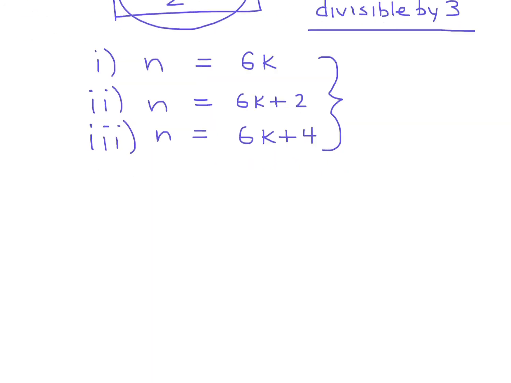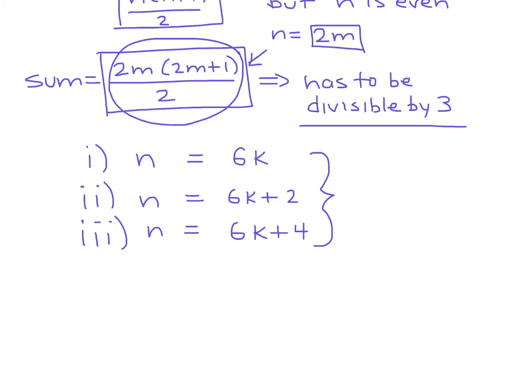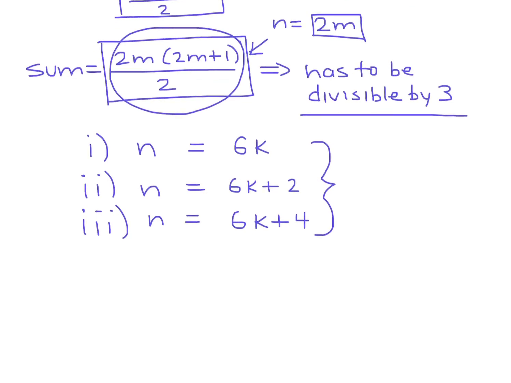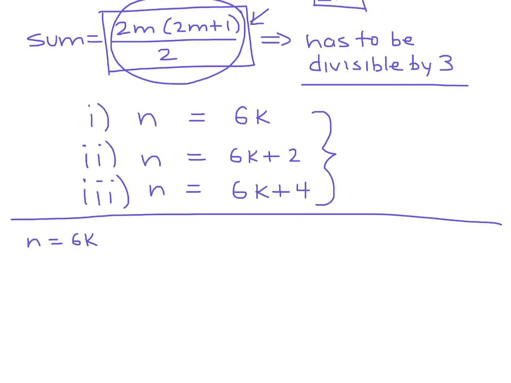Now, each of these, one by one, we have to show whether or not this total sum is divisible by 3. So let's start with the first one, when n is equal to a form such as 6k. If n is indeed 6k, what is the total sum of 1, 2, 3, 4, the set all the way till n?